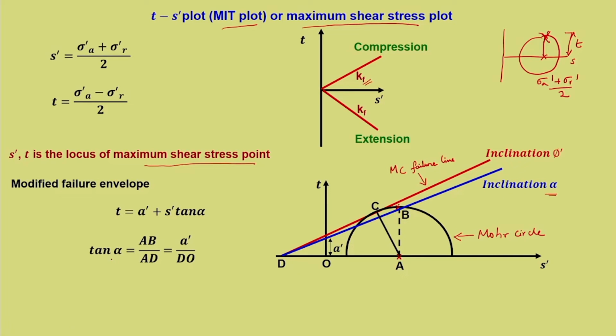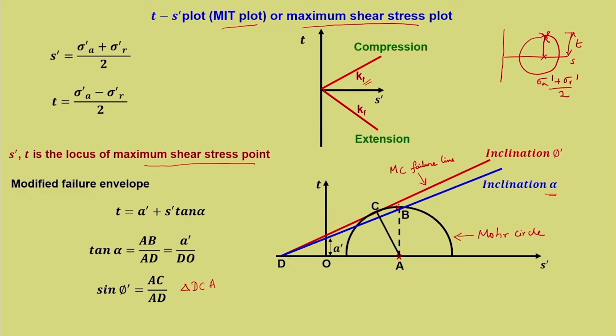That is the slope. So, we want to know what tan alpha is. That tan alpha can be written as AB by AD. Now, that is also equal to this smaller triangle, that is A dash by DO. So, tan alpha is the slope needed for us. Now, sin phi dash, if you consider triangle DCA, is AC by DA.